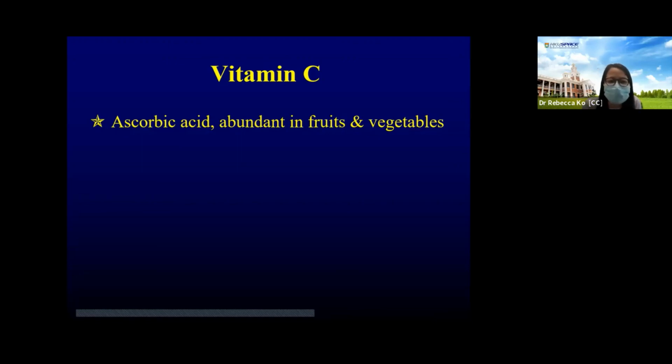We know that it's abundant in fruits and vegetables. So if we are not feeling well, we'll take in, let's say, more oranges or kiwi fruits. But it seems that these two fruits do not have the highest content of vitamin C. What kind of fruits, I say, have the highest content?